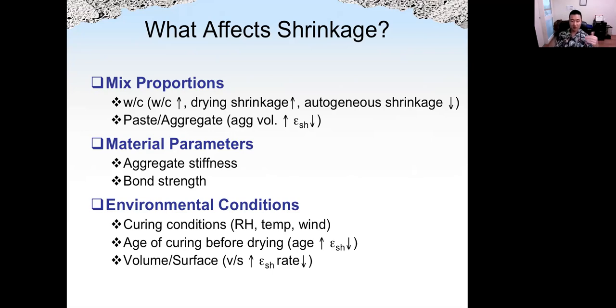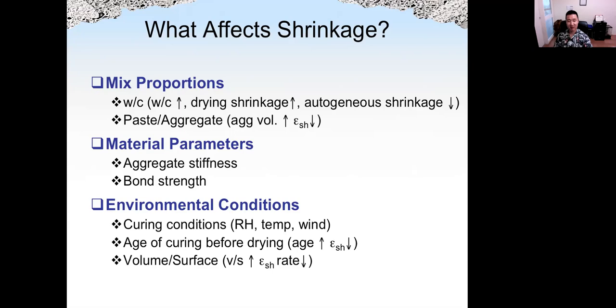The bond strength between the aggregate and the cement paste is also important. The higher the bond strength, the lower the shrinkage, because again, the restraining effect of aggregate will be higher.